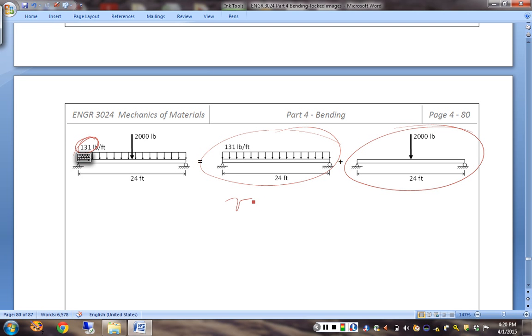So we need one of these, which is minus 5 WL to the 4th over 384 times the bending stiffness. We also will need 2. Bingo. We also need one of these, which is minus PL cubed over 48 EI.